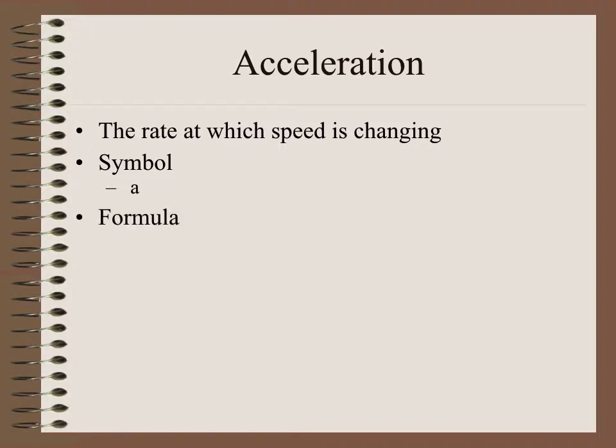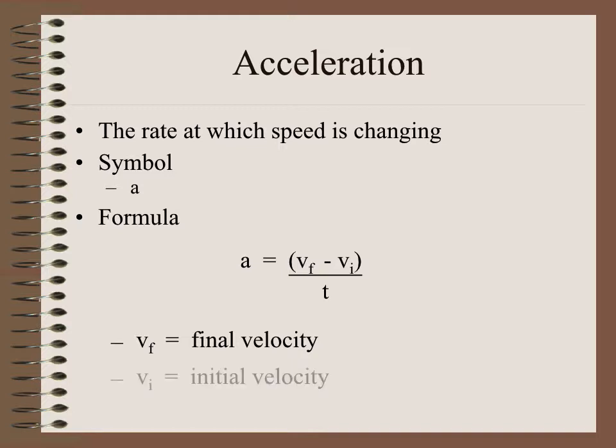For our formula, since acceleration is the rate at which speed is changing, we get something that looks like this. As a rate, notice that we are dividing by time, but it's the rate at which speed is changing. So we have two different speeds. We have a final speed or velocity and an initial speed or velocity.